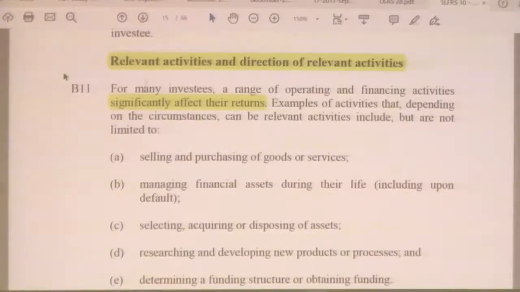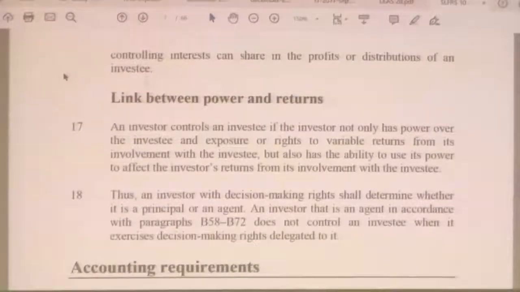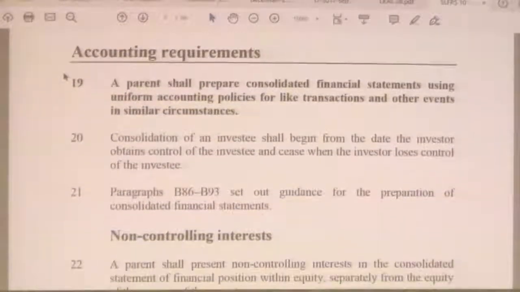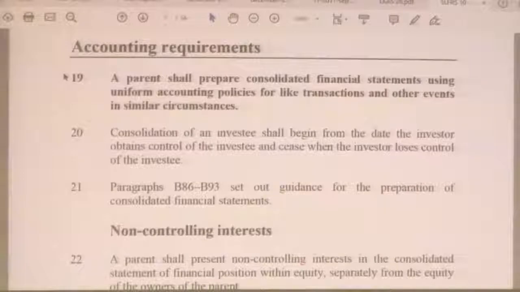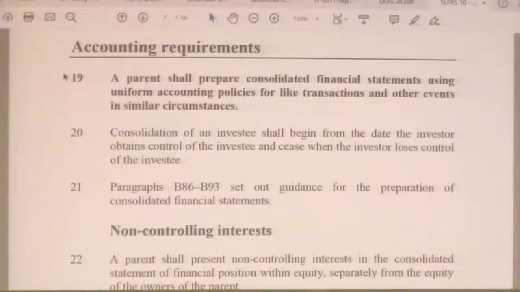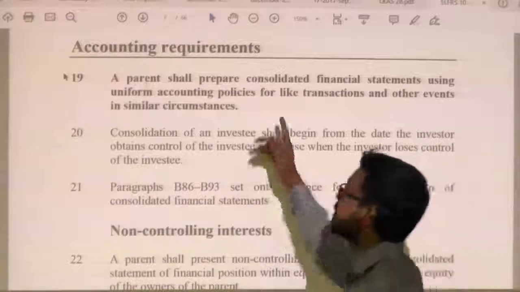B11, right? Fine. Then go to para 19. Again I am repeating, if you don't have that summary, what I am doing here is a magical thing for you, right? You will not understand. Therefore, you should have that summary. Accounting requirement. A parent shall prepare consolidated financial statements using uniform accounting policies.